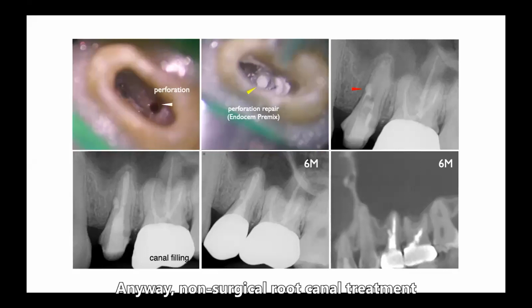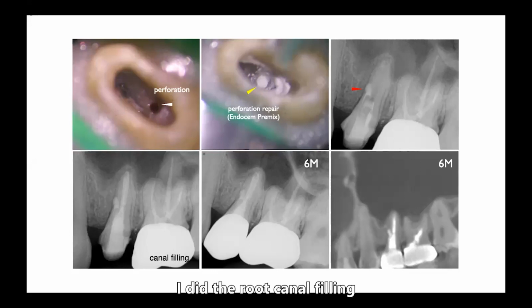Anyway, non-surgical root canal treatment was performed and the perforation site was found. I placed a premixed bioceramic material on the site and plugged gently with a paper point. If you take a look at the radiograph, you can see the well-placed bioceramic material.